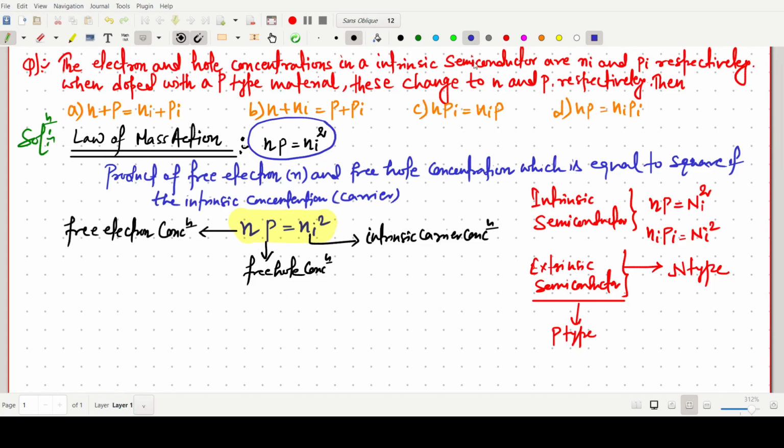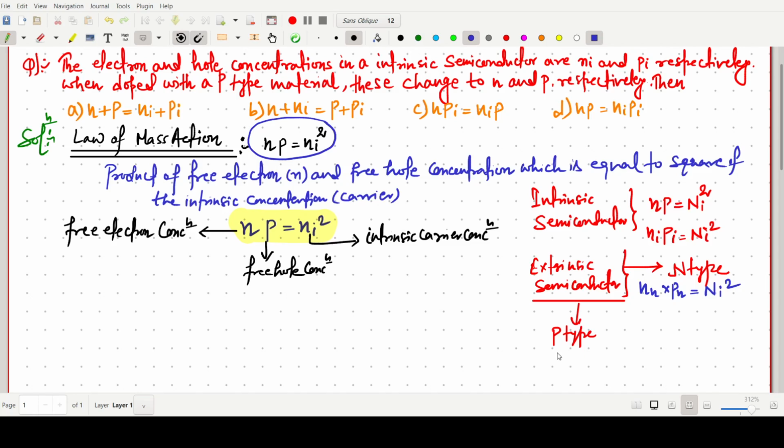In the case of N-type material, we can write N of n into P of n equals Ni square.